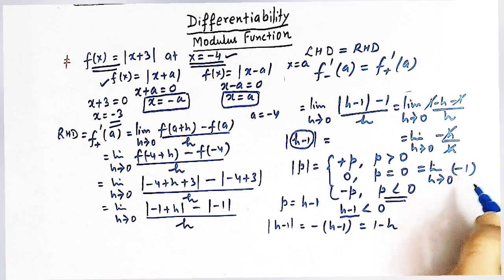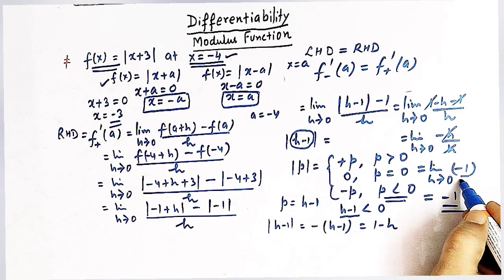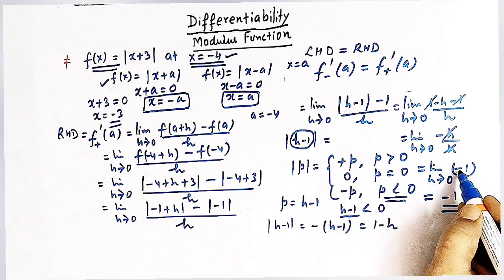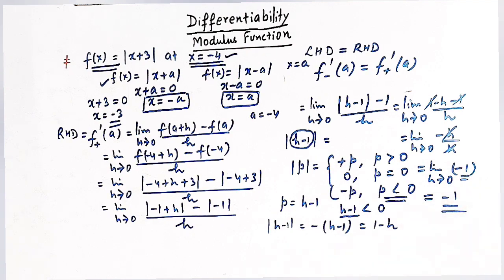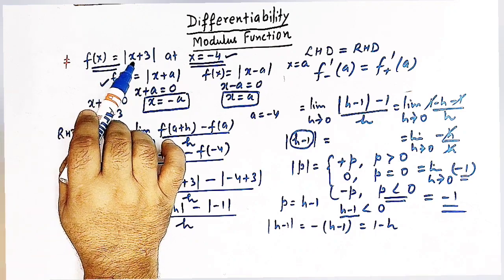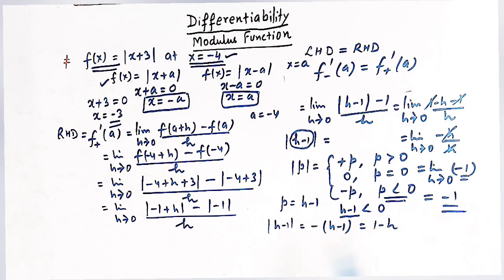We are left with minus 1. So this is minus 1 because this is independent of h. So limit h tends to 0 of minus 1 is minus 1. So the right hand derivative of this function at this point is equal to minus 1.